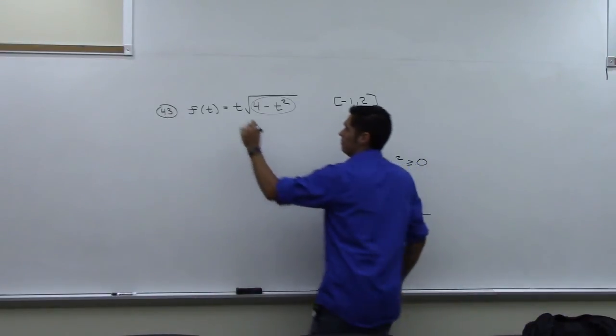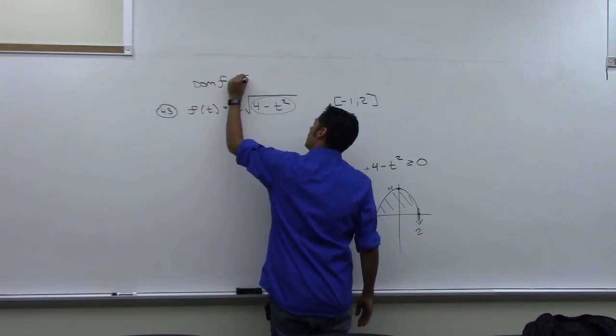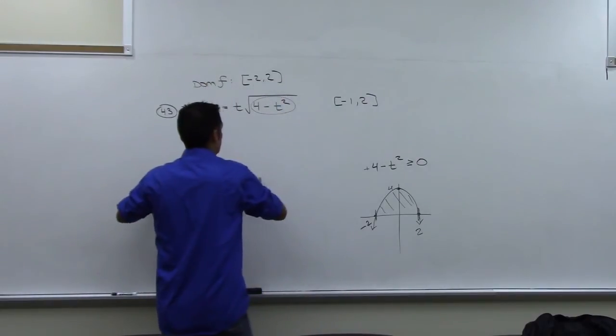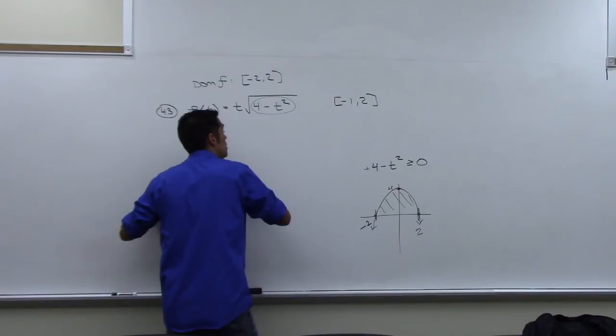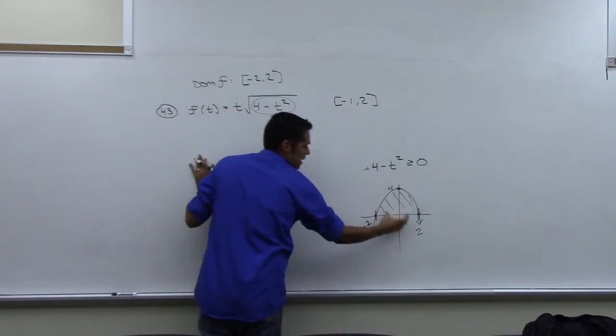So the domain of f here is the interval -2 to 2. That's the domain of this function. But we're looking for the absolute maximum and minimum value of this function on this interval. This interval is actually in here.